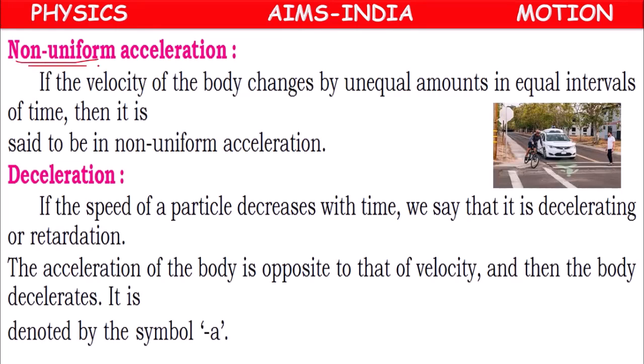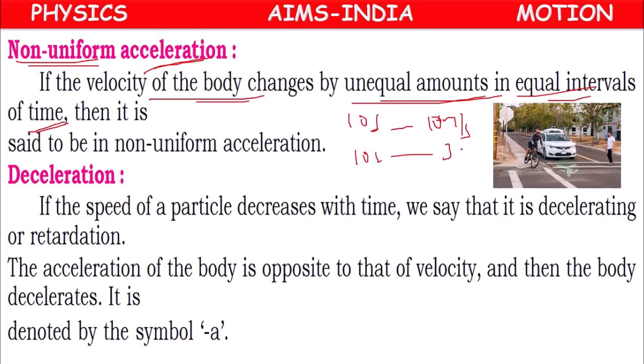So next, non-uniform acceleration means the velocity of the body changes in unequal amounts in equal intervals of time. In 10 seconds velocity changed 10 meter per second, next 10 seconds velocity changed 30 meter per second, next 10 seconds velocity changed only 10 meter per second.